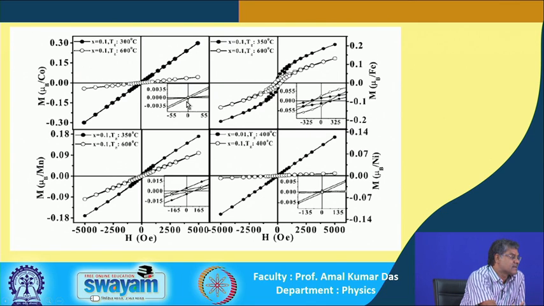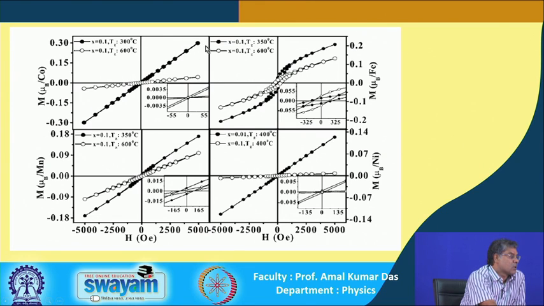Here, for a magnetic metal, generally a ferromagnetic metal, you get an MH loop, a hysteresis loop. From the hysteresis loop, what do you want to know? You want to know the coercivity, the remanent magnetization, the saturation magnetization.